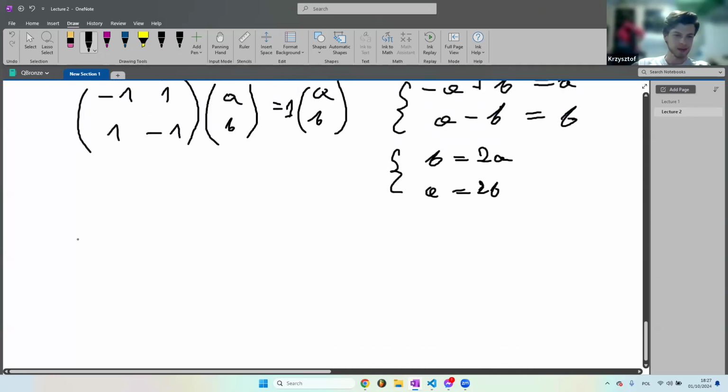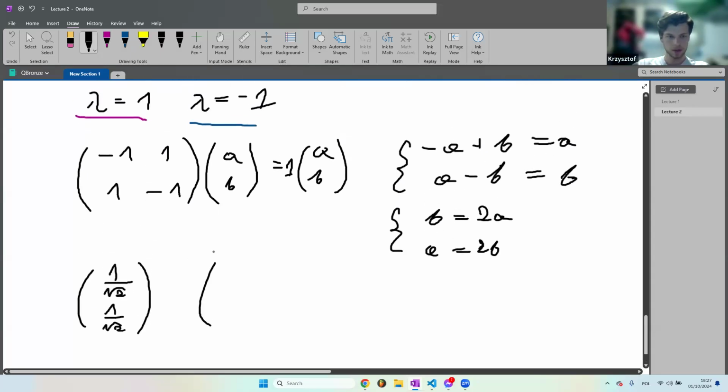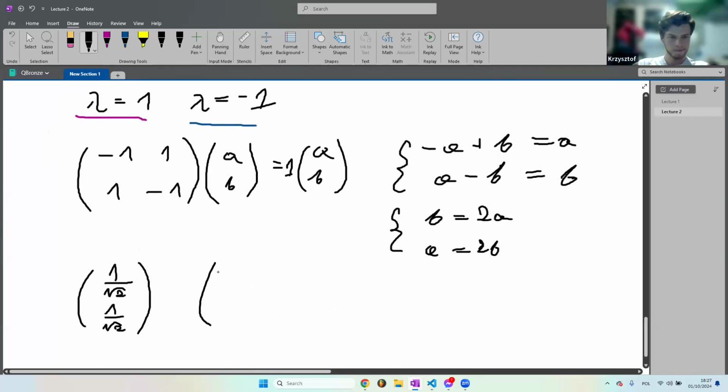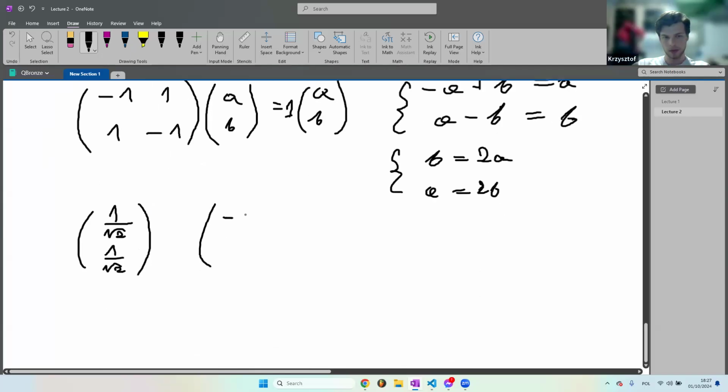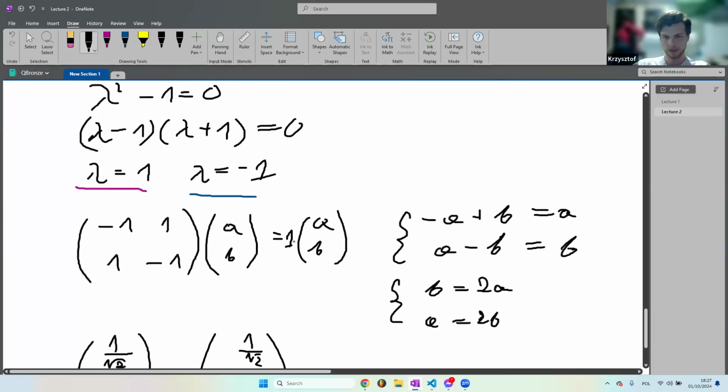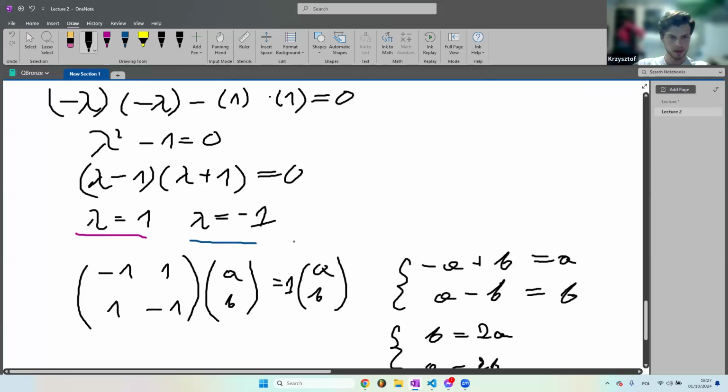Now I got stuck. But I know that the answer should be 1 over square root of 2 and 1 over square root of 2. And the other eigenvector should be 1 over square root of 2 and minus 1 over square root of 2. I'll need to think about this particular example for a second because I'm a little bit stuck in this case.